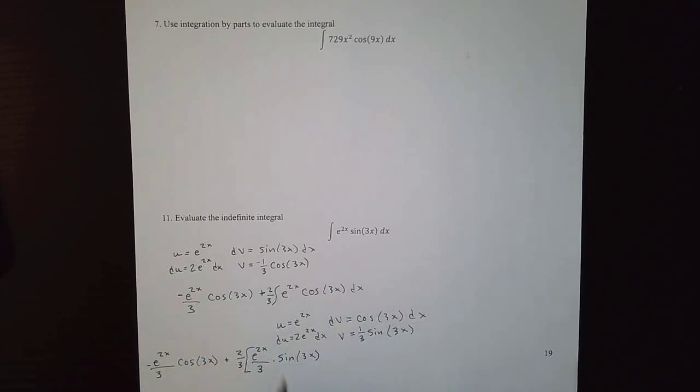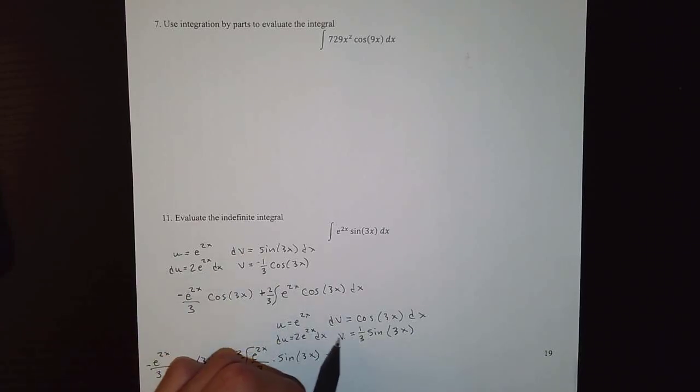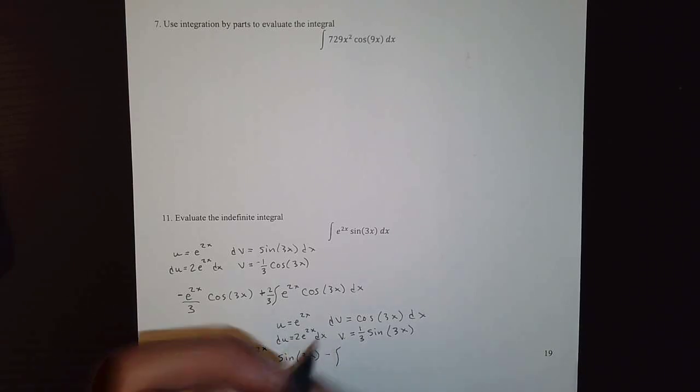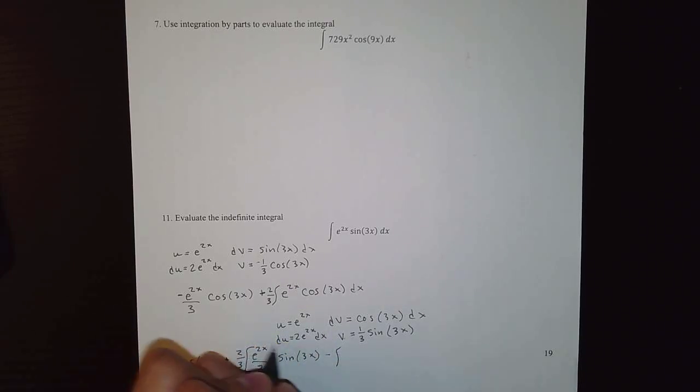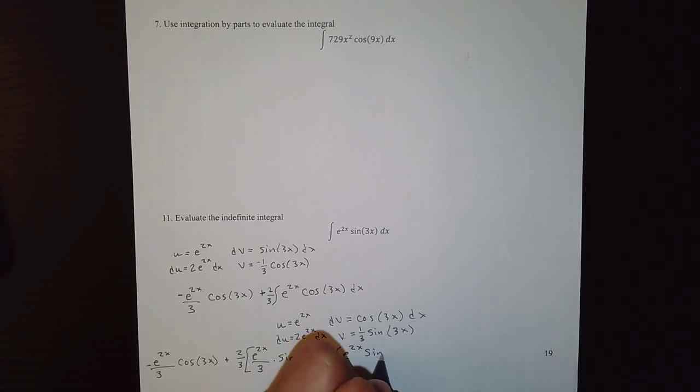So this is our uv minus the integral of v times du, so 1/3, so I'll just bring out this minus 2/3 e to the 2x times sine of 3x dx.